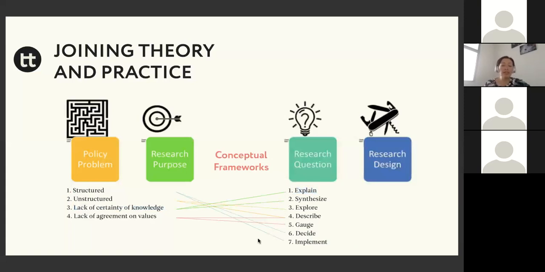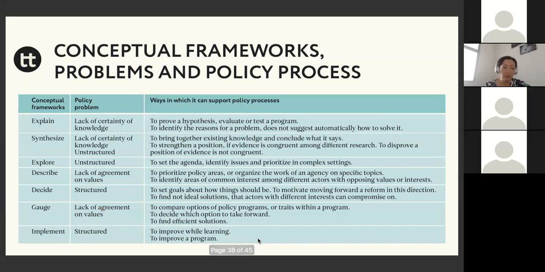So as you can see, the idea here is that we need to keep these four pieces together, that we need to build this connection between the practical aspects of our policy work and the theoretical aspects of our research. And so here you will see a summary of how the conceptual frameworks relate to the policy problems, and why do they relate this way?